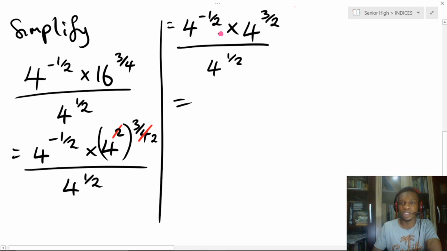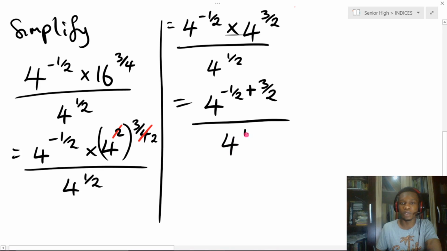So I can apply my addition law in this numerator side. Addition law tells us that we have 4 raised to the power of minus 1 over 2 plus, because they are all the same base, so you can just pick one of the base and add the index, plus 3 over 2, dividing 4 raised to the power of 1 over 2. Now let's continue.